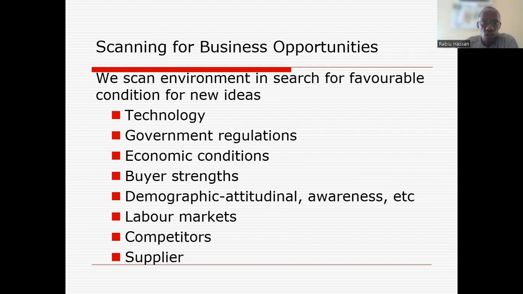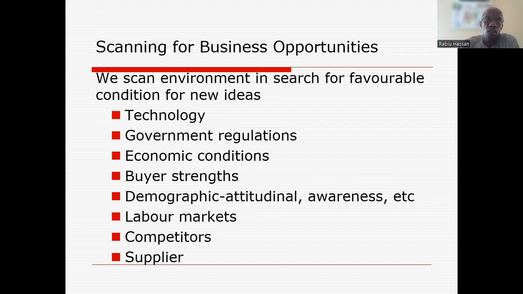Buyer strengths, almost the same point I mentioned, and then demographic indicators, attitudinal awareness, etc. They are very important factors that will give you a hint on what to go into. Like for example, age is one of the demographic factors that normally signals to business owners or potential entrepreneurs what kind of product they should go into. By age, you look at the number of people that are the majority in a particular environment.